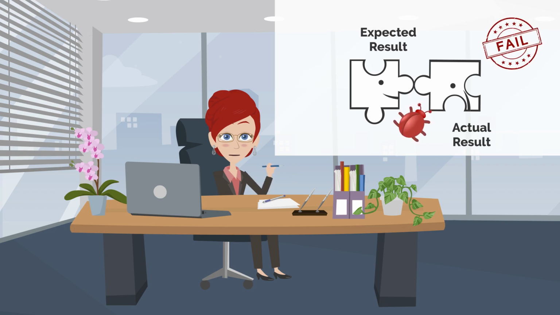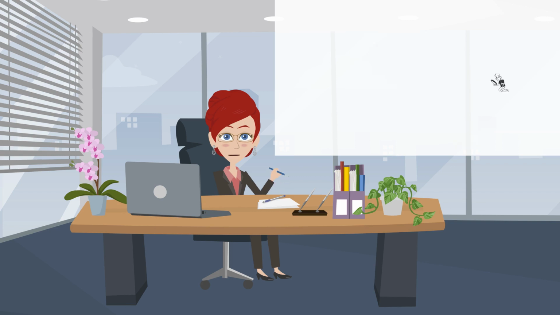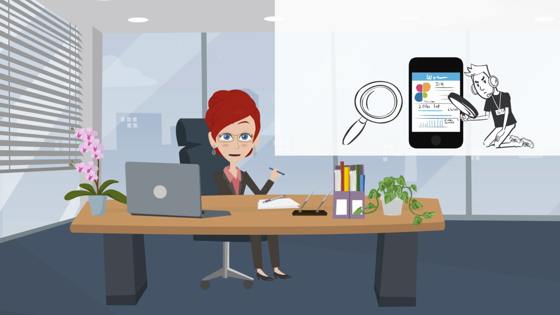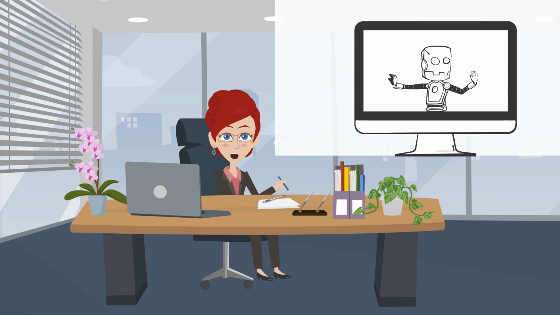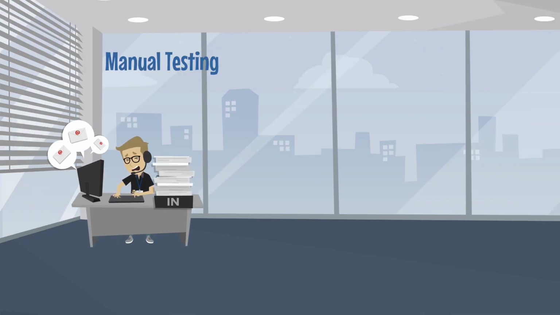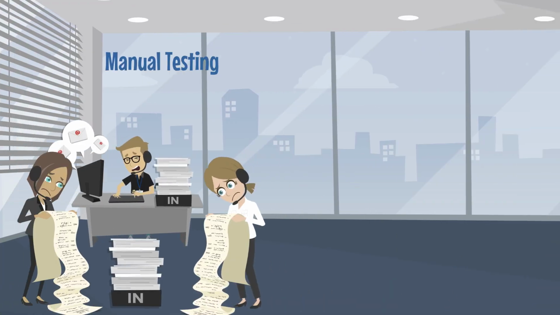This comparison between both expected and actual results helps the quality engineer to determine whether or not the application is working as expected. In manual testing, the quality engineers use their senses and their human judgment to determine this final result. On the other hand, in automation testing, the tool determines the final judgment for each test script, either if it's passed or failed.